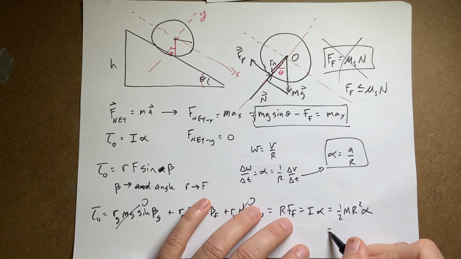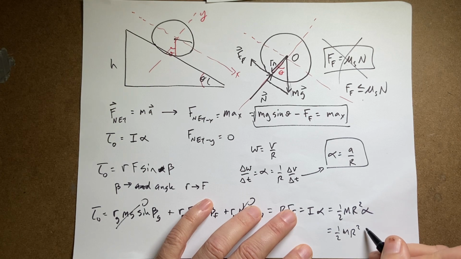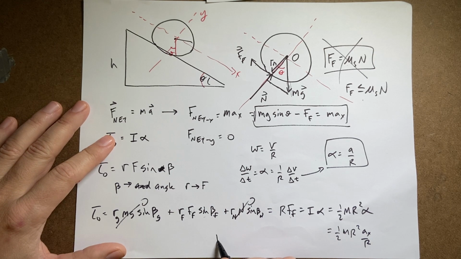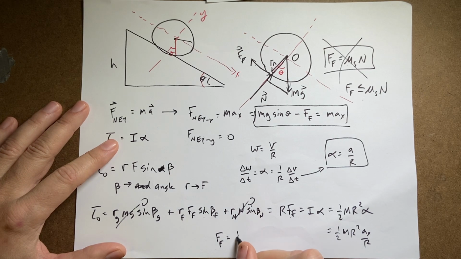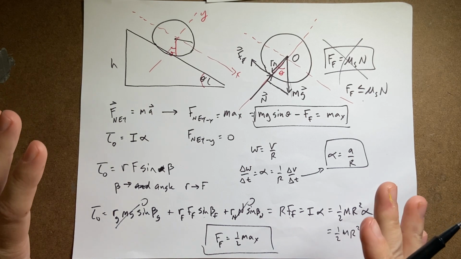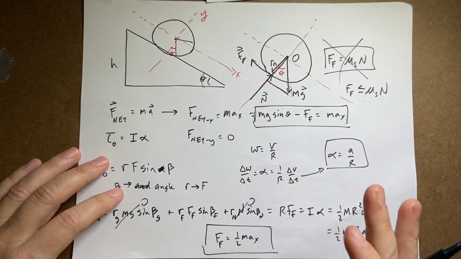So if I put that in, I get 1/2 m r squared alpha, which is a_x over r. And so now if I solve this for F friction, I can divide both sides by r, and I get r squared over r, so I get 1/2 m a_x. That's the frictional force that has to be there in order to make sure that the disc rolls without slipping, right?